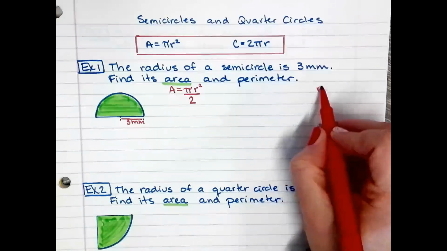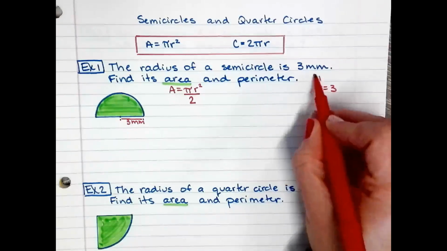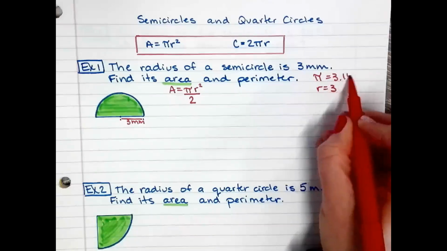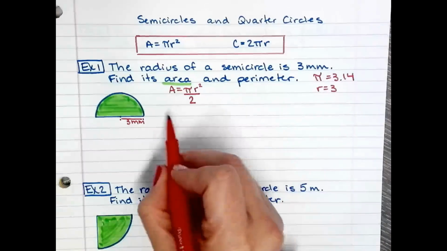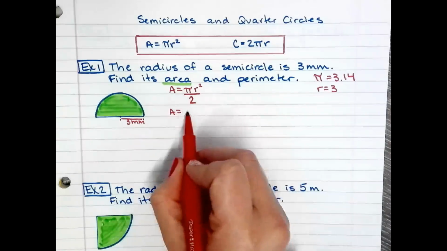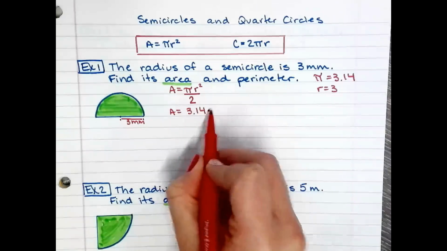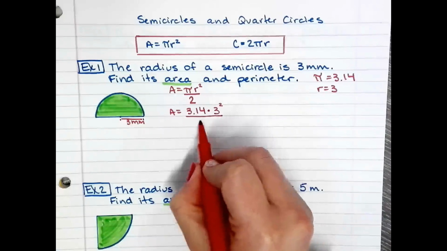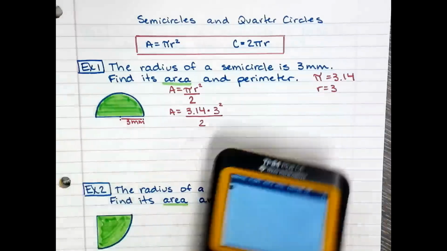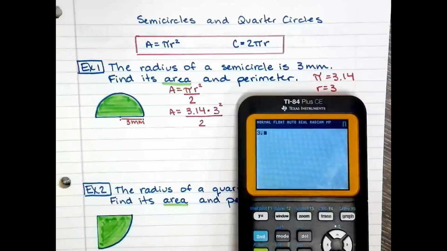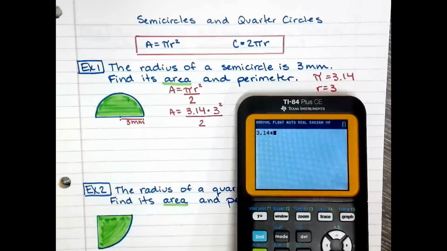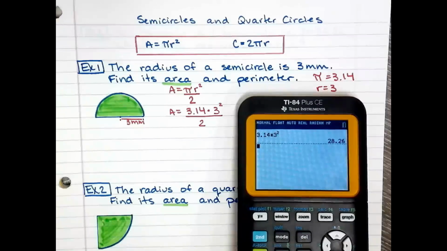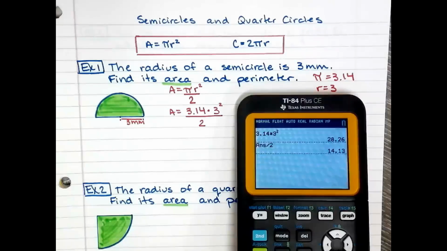I know the radius is 3, and now we'll use 3.14 for pi. So the area is 3.14 times the radius 3, squared, over 2. So we will plug that in: 3.14 times 3 squared, everything divided by 2.